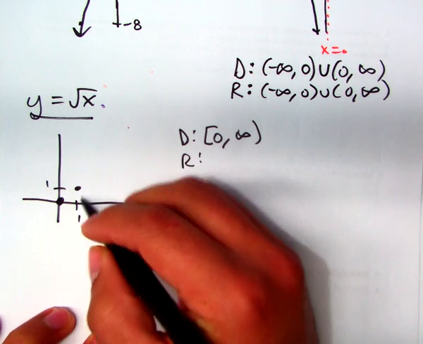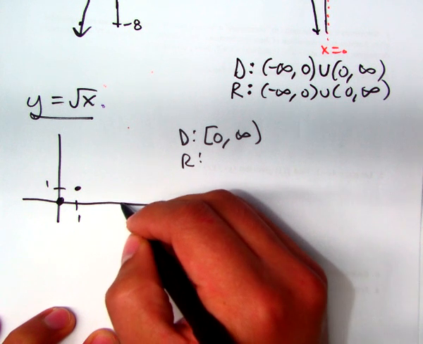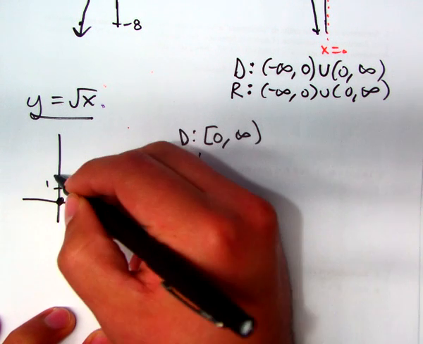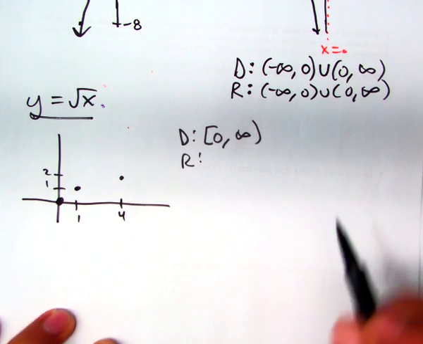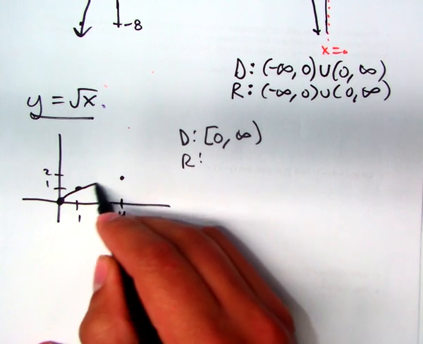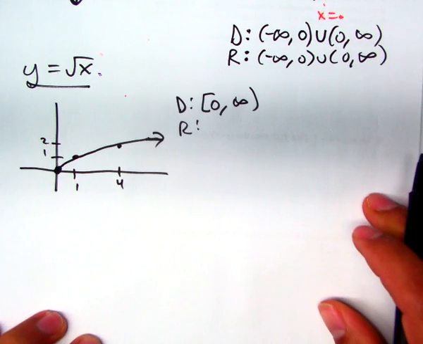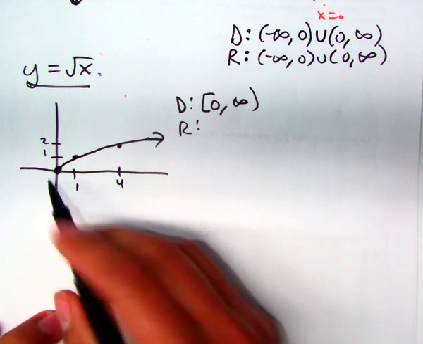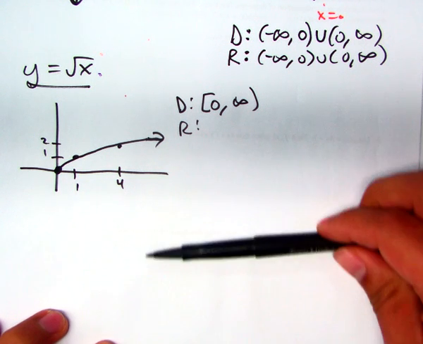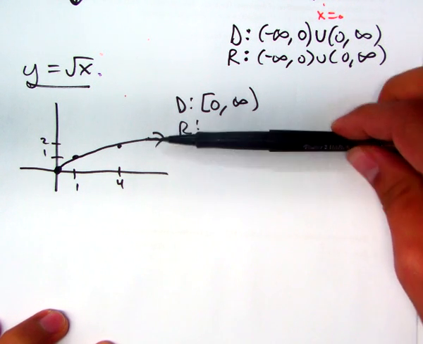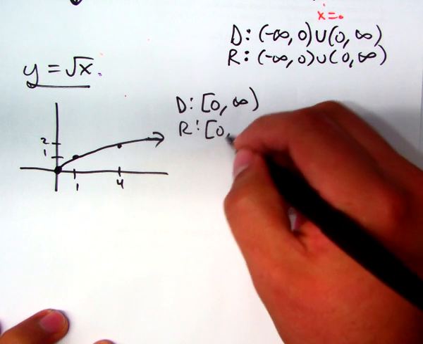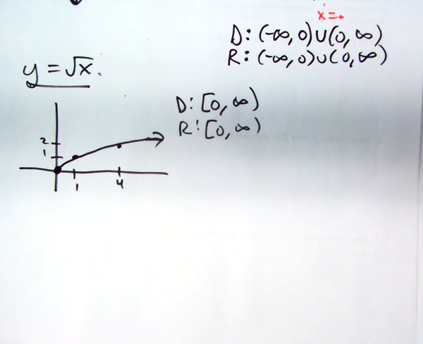The square root of 2, let's plug a nice one in. The square root of 4 is 2. So then here's the graph. Looks something like that. So what's the range? Lowest y value is 0, and this does increase, so up to positive infinity. These all look familiar, right?